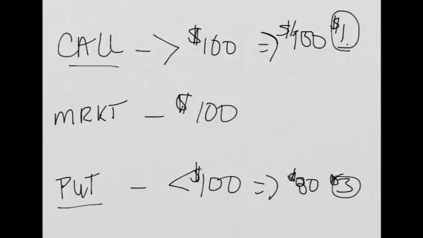Okay, so this is the money we collect. We collect it the minute we sell it. We collect $1 plus $3, we get $4. All we have to do is make sure that the market doesn't trade above 150 or below $80 on options expiration date.